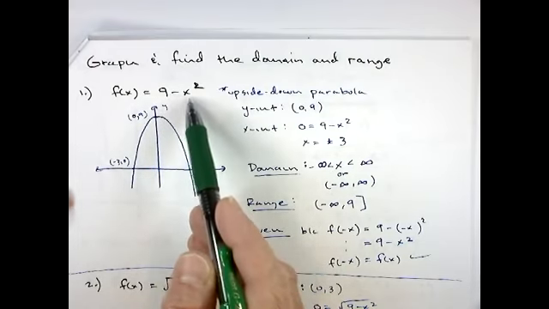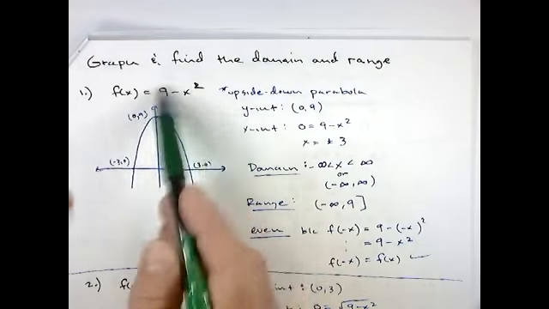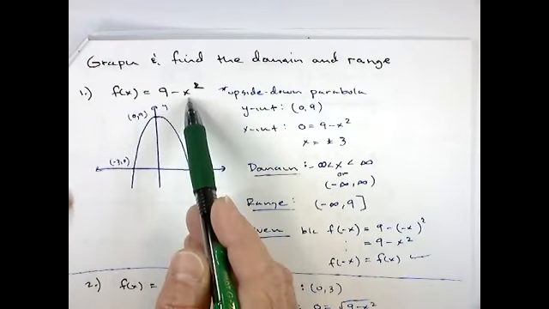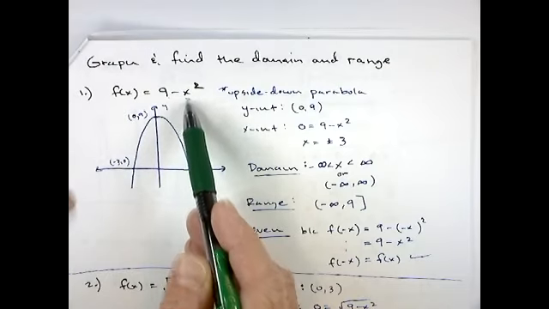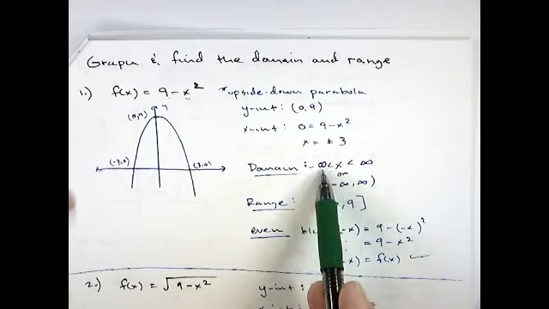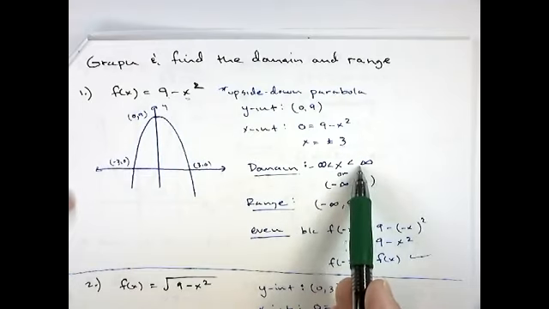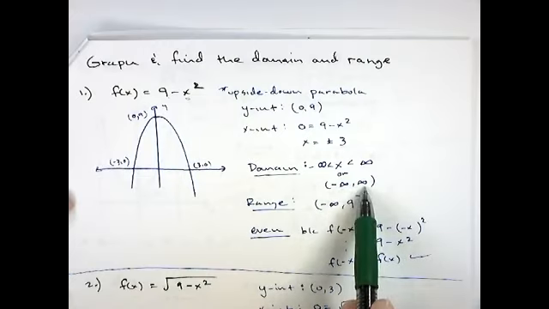there are two ways to think about it. One way is to think about, is there any limitation for what I'm allowed to plug in for x? No, right? I can plug in anything I want for x and do 9 minus x squared. So my domain is any x value from negative infinity to positive infinity, which in interval notation looks like that.